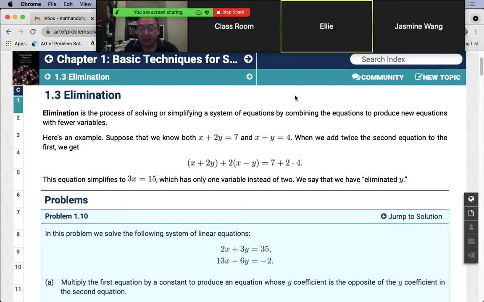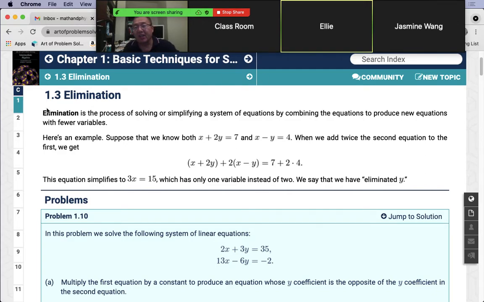Okay, today the elimination means you combine the two equations together and make a new equation. This new equation is only related to one variable, or fewer variables.